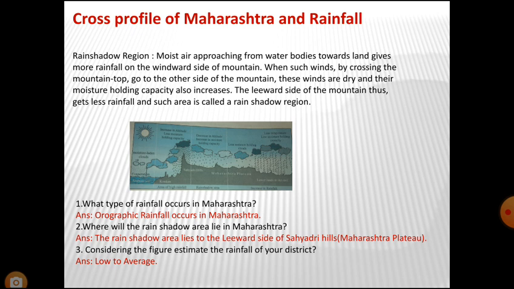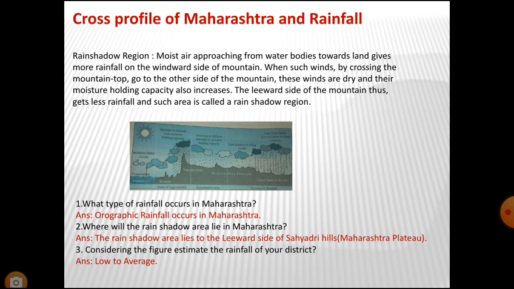Second one is, where will the rain shadow areas lie in Maharashtra? The answer is, the rain shadow area lies on the leeward side of the Sahyadri Hills.